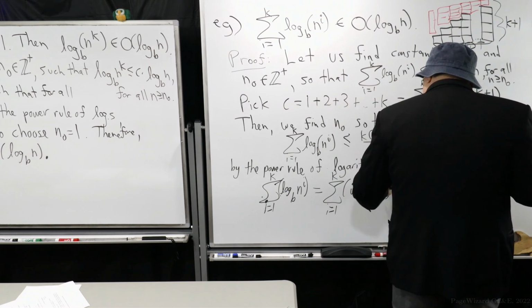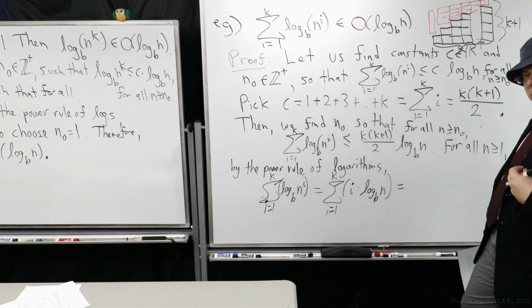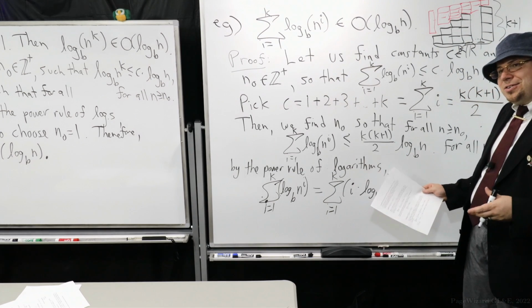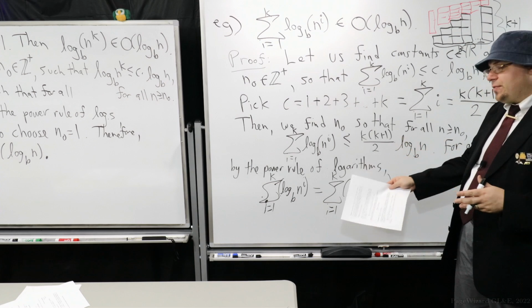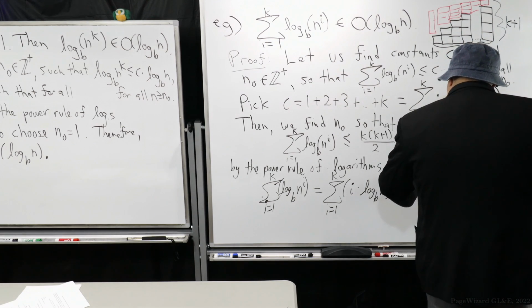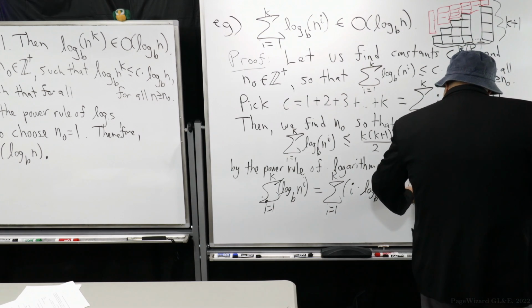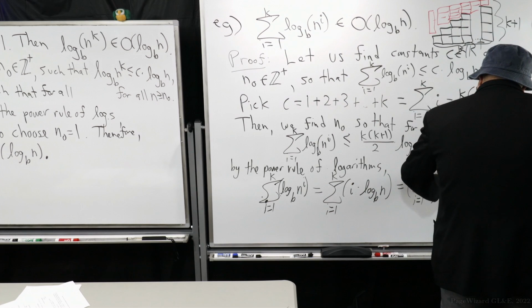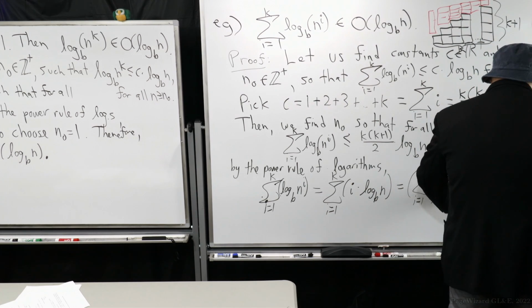But notice that each one of these, I'm adding log base b of n every time, and it has nothing to do with i. So I'm going to pull that aside from this sum in a way that makes it clear what's happening. So the sum from i equals 1 to k of i times log base b of n.